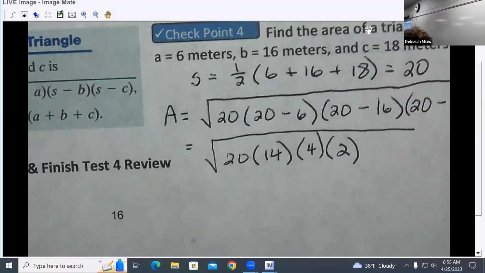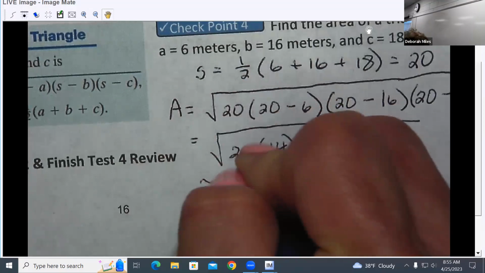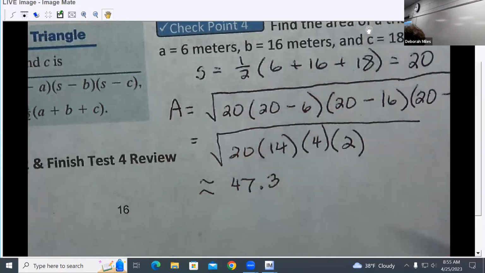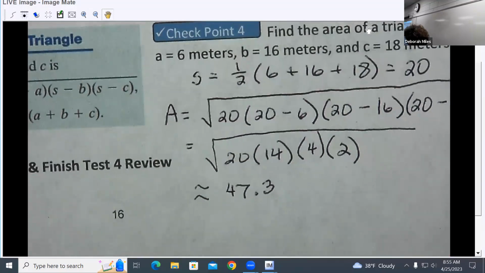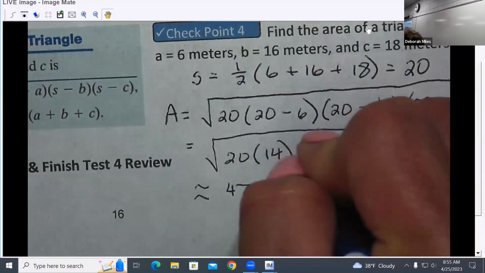Square root, I got approximately 47.3. What's the units on that? Since my sides are given to me in meters, the area would be square meters.